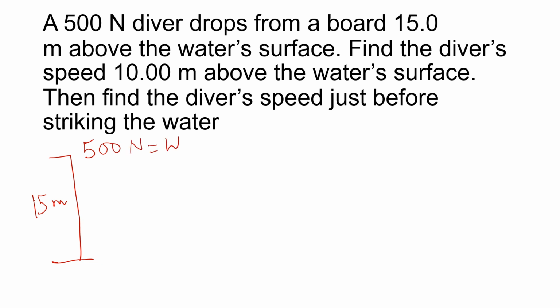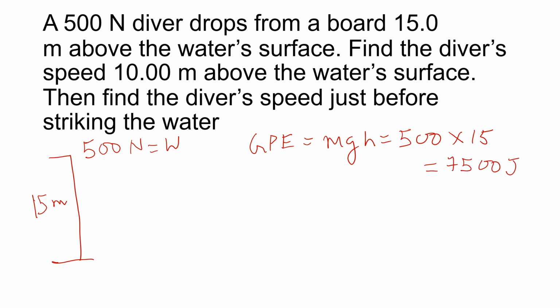So we found the gravitational potential energy of the diver at the topmost point as mgh, which was 500 times 15, and that was 7,500 joules. Now, right before it hits the water at this point B, all right, let the velocity be vb.